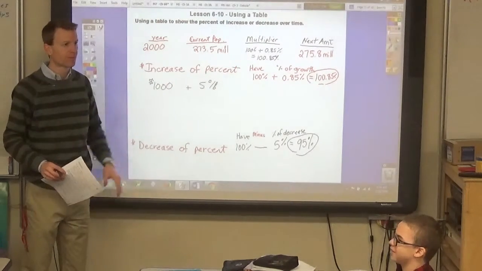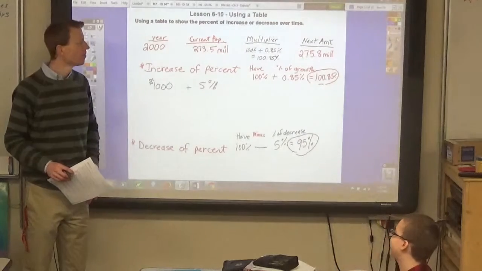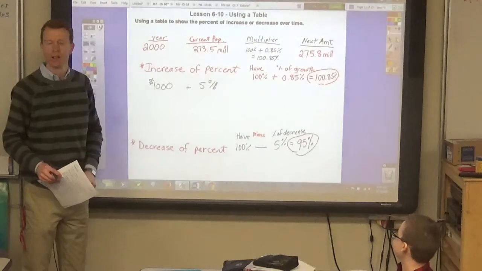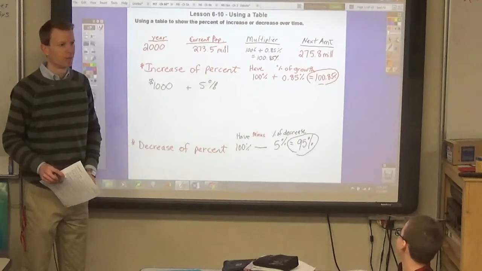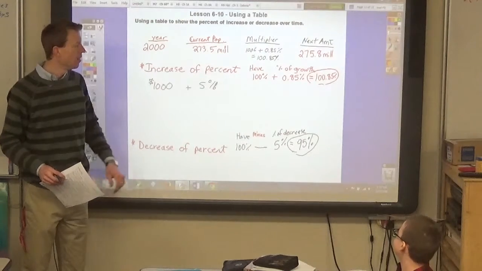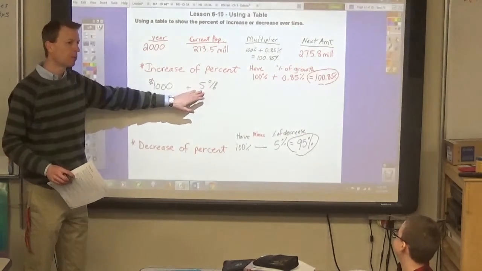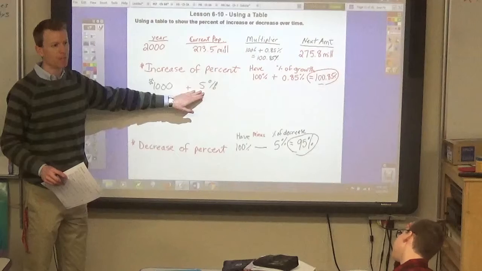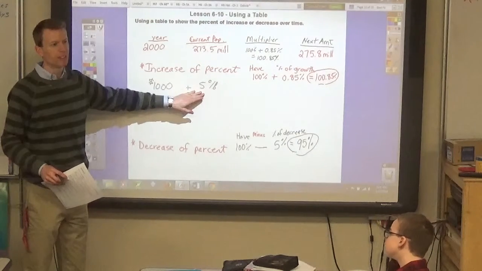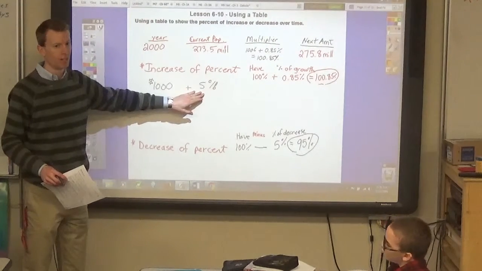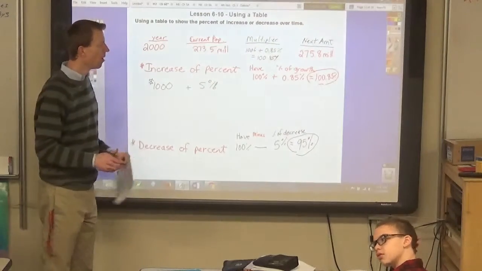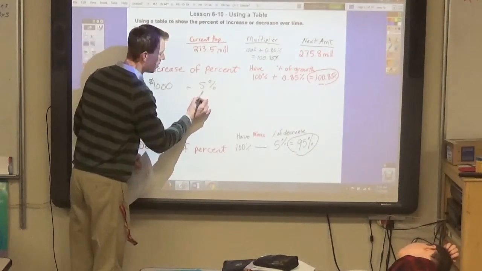AJ. You do 1,000 times 0.5 and add it to 1,000. Yeah. You do 1,000 times 0.5. Well, that'd be 50% though. You mean 0.05. Yep. And then add it to the amount.